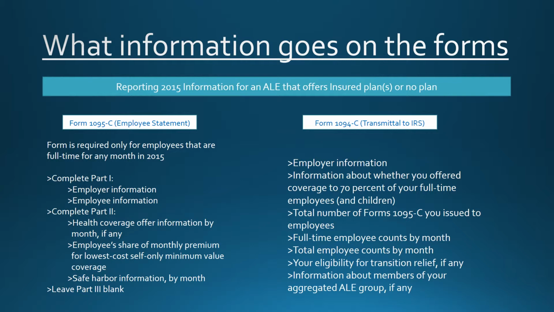Line 15 is where you must enter the amount of the employee's share of the lowest cost monthly premium for self-only minimum value coverage offered to the employee. Line 16 is where Section 4980H Safe Harbor codes, which are Code Series 2, are entered.